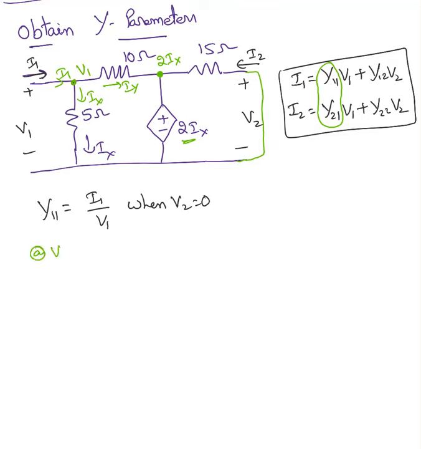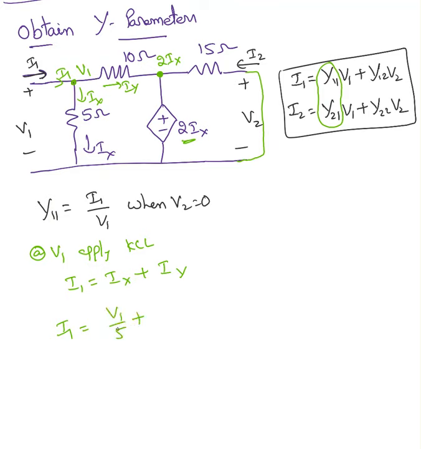At V1 apply KCL. Okay, so my goal is finding the relation between I1 and V1. So I1 equal to Ix plus Iy. Now I can write Ix equal to, Ix is nothing but V1 over 5.